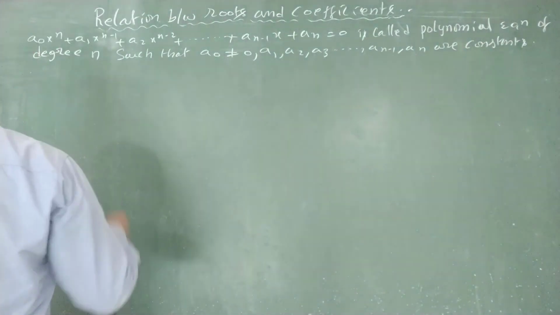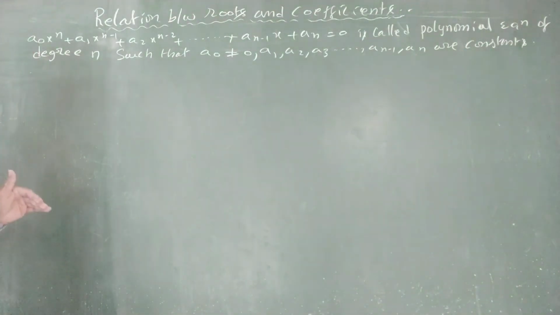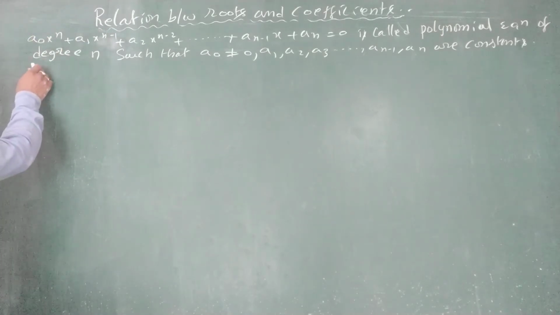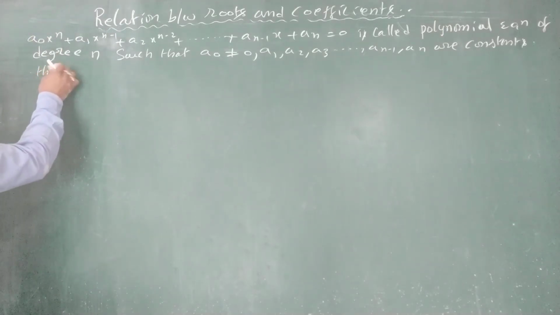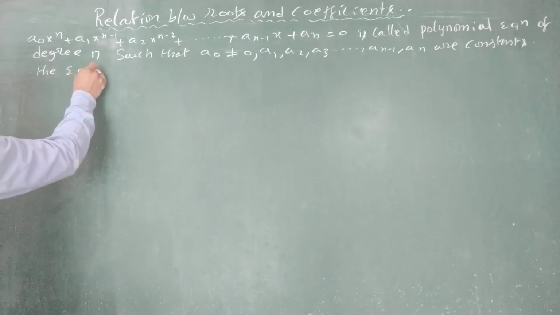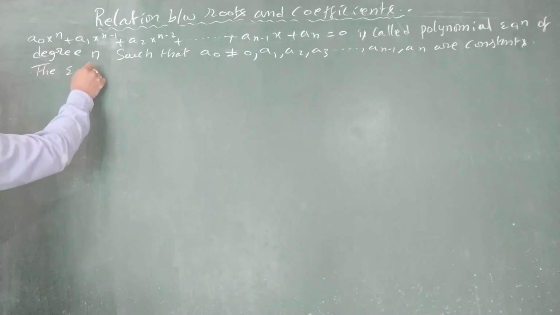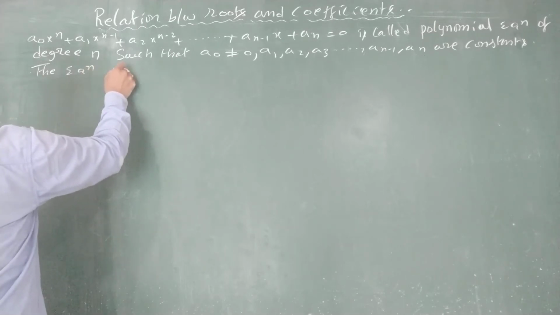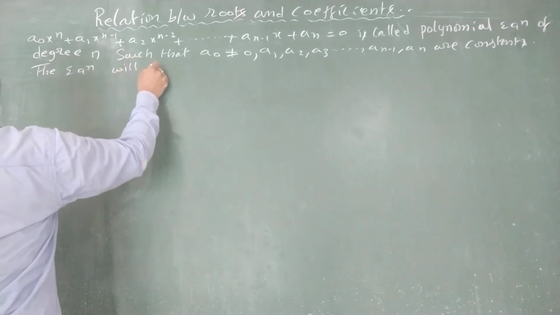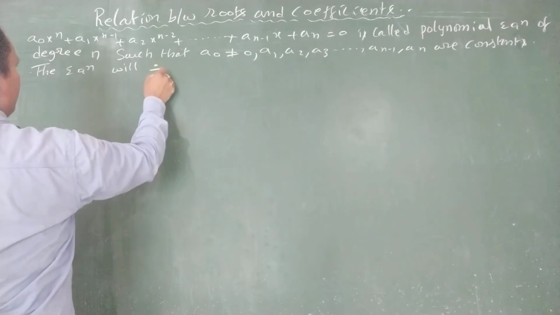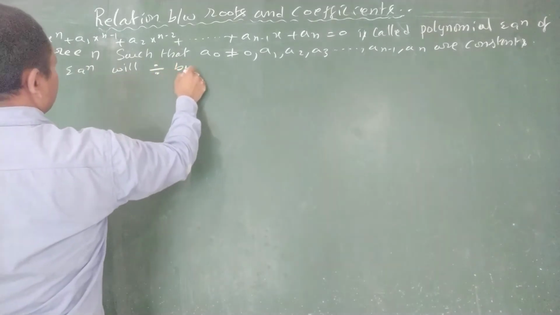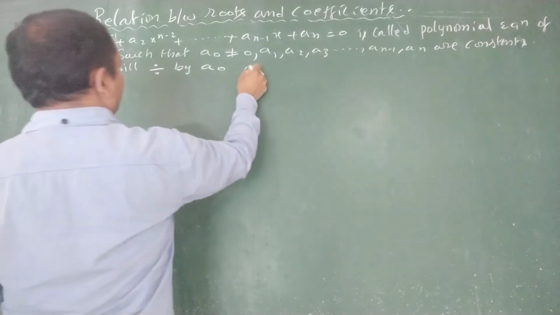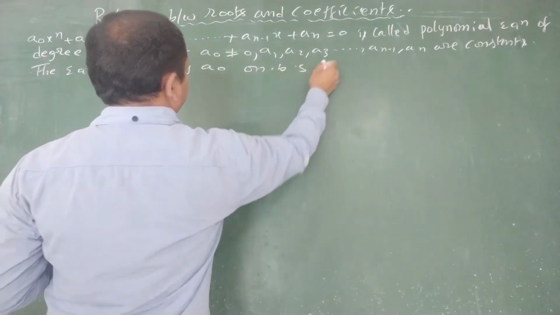Now, the given equation is divided by a naught on both sides.